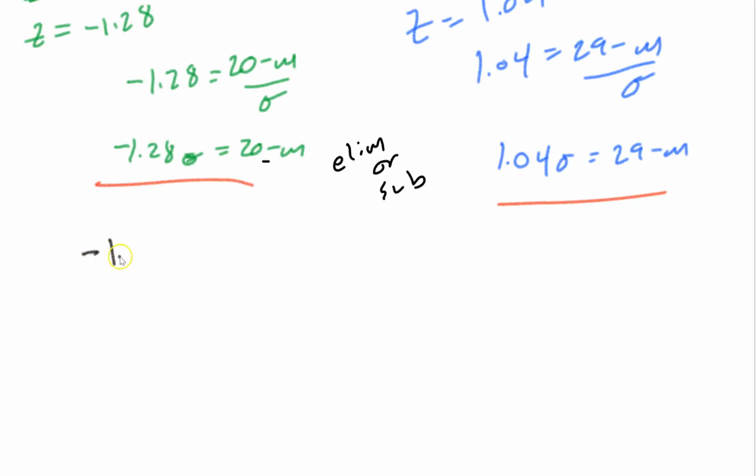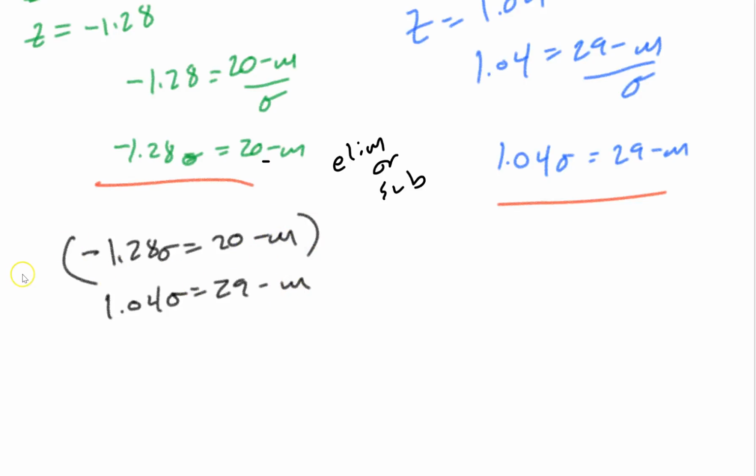So I'm going to have negative 1.28 sigma equals 20 minus mu. I'll rewrite this one here also. 1.04 sigma equals 29 minus mu. If I want to try to get rid of the mu's, I'll multiply one of these by a negative 1. So I get 1.28 sigma equals negative 20 plus mu. These cancel.